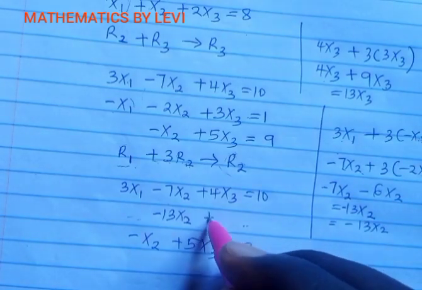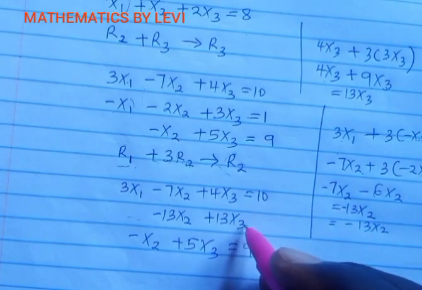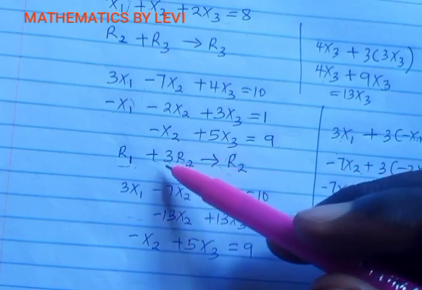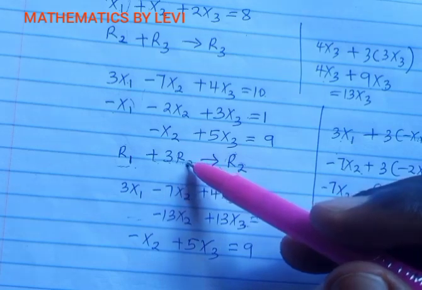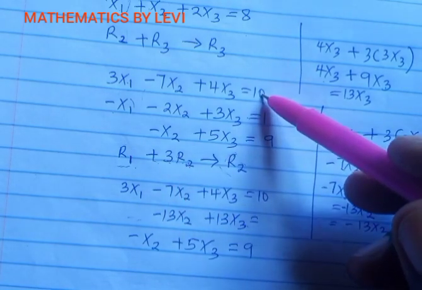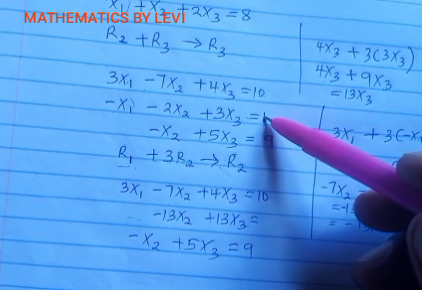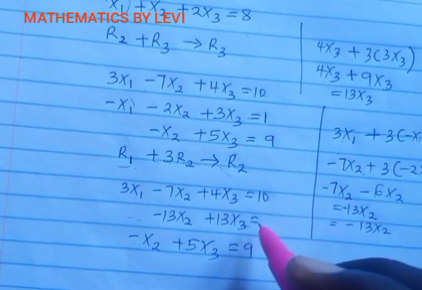Therefore, we have here plus 13x3 equals to row 1, which is 10, plus 3 row 2, that is 3 times 1, which is 3. 10 plus 3 is 13.